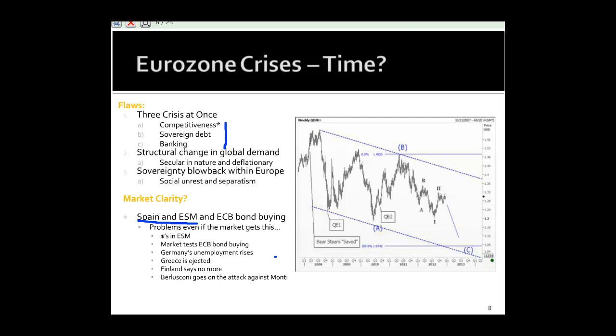The other point, which is interesting, that just started this week, is this idea that Berlusconi may be back and continue to attack Monti. Berlusconi was the prime minister that was ejected, basically, from Italy by the powers that be in Europe, and Monti, an unelected technocrat and big power player throughout the Eurozone, was installed as the prime minister.